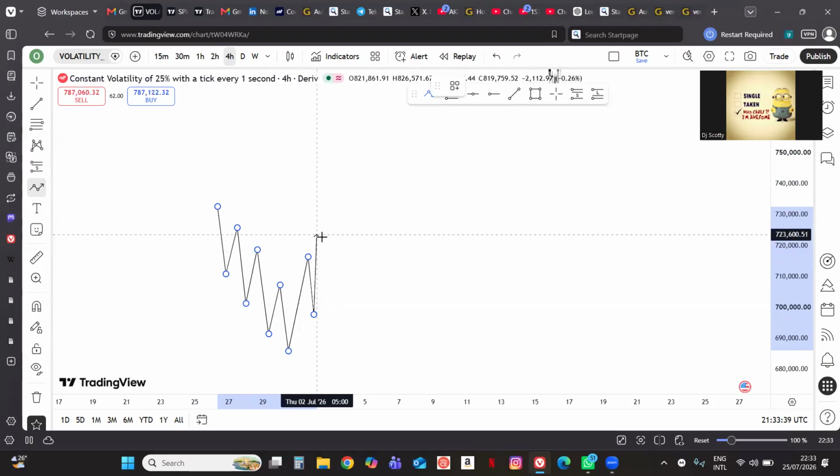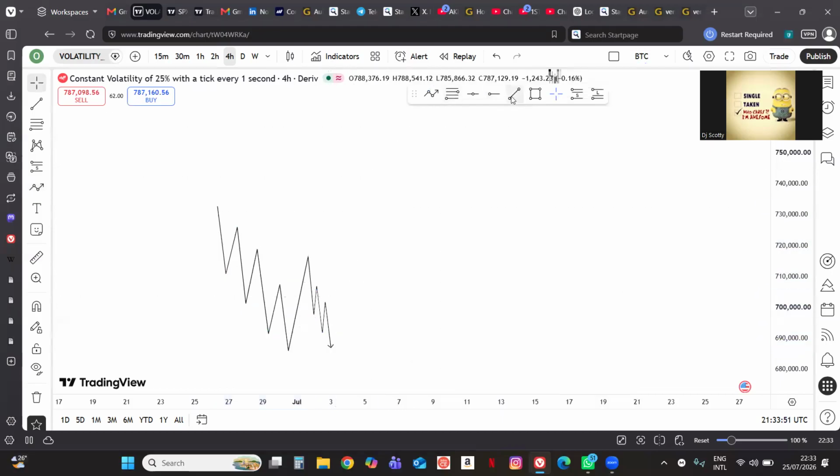Every time the market makes an inducement this way, you have to check if there is a valid break of structure. If you have something like this here, then this becomes our break of structure. So what do you want to see?